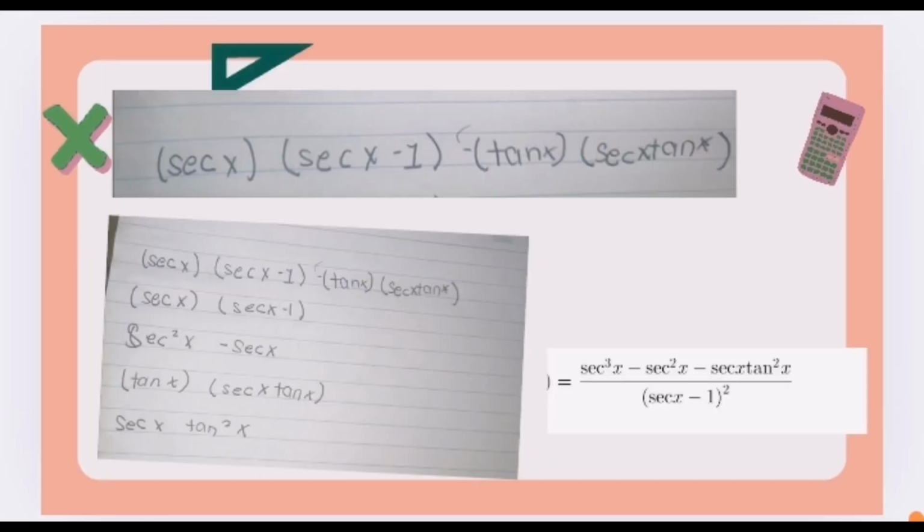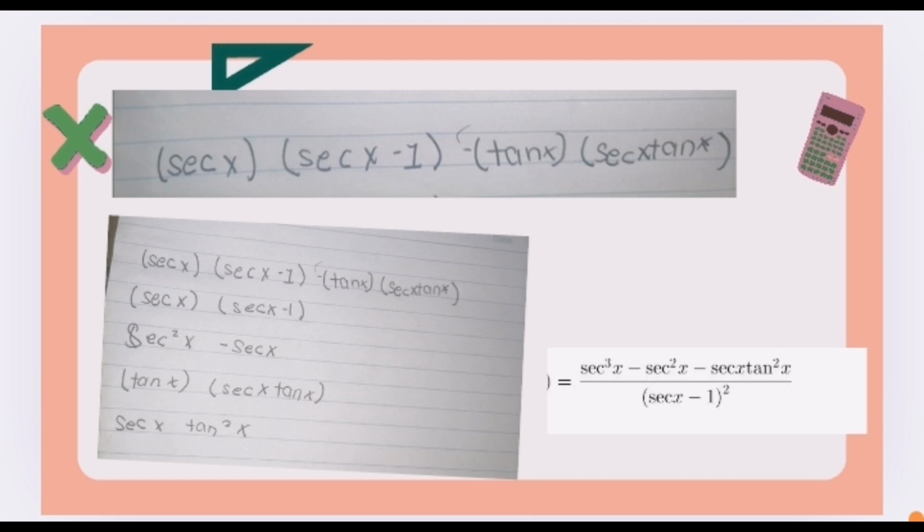To explain how we expanded the numerator, we follow the steps on this paper. As we can see, our numerator on the top is the quantity of secant x multiplied by secant x minus 1, minus the quantity of tangent x multiplied by secant x tangent x.